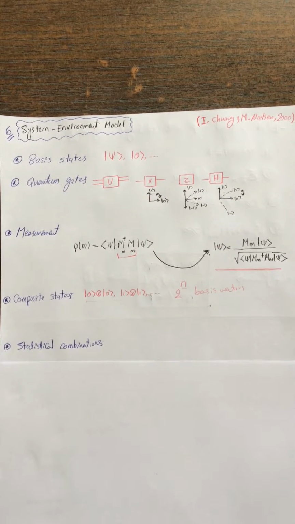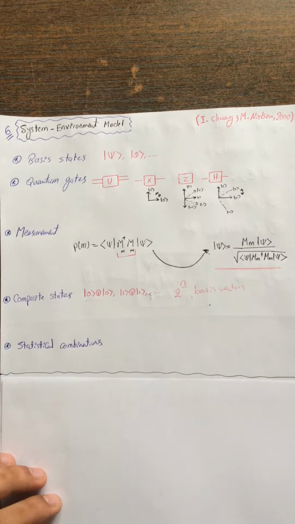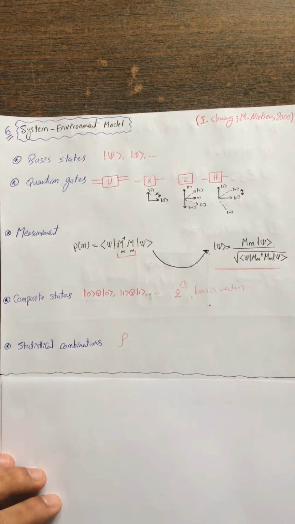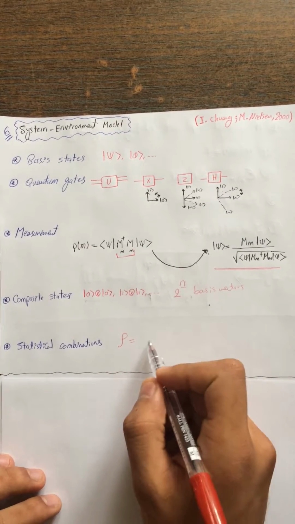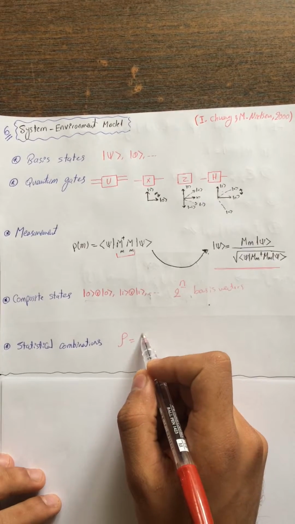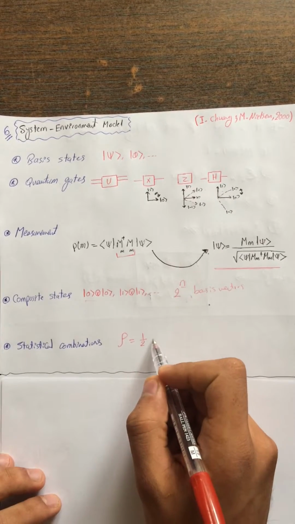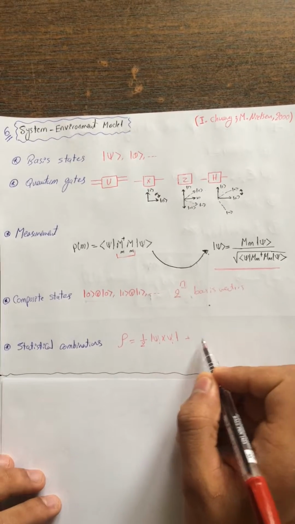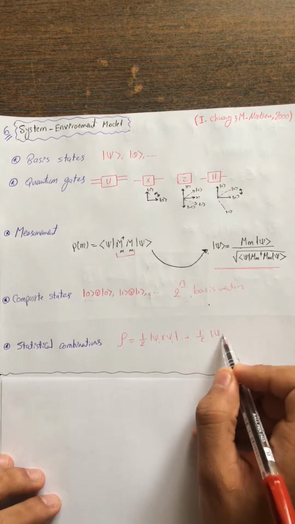Also for a statistical combination, or the density matrix, you have a stochastic combination of density matrices with specific probabilities, say 50-50 for psi i and also for psi j.